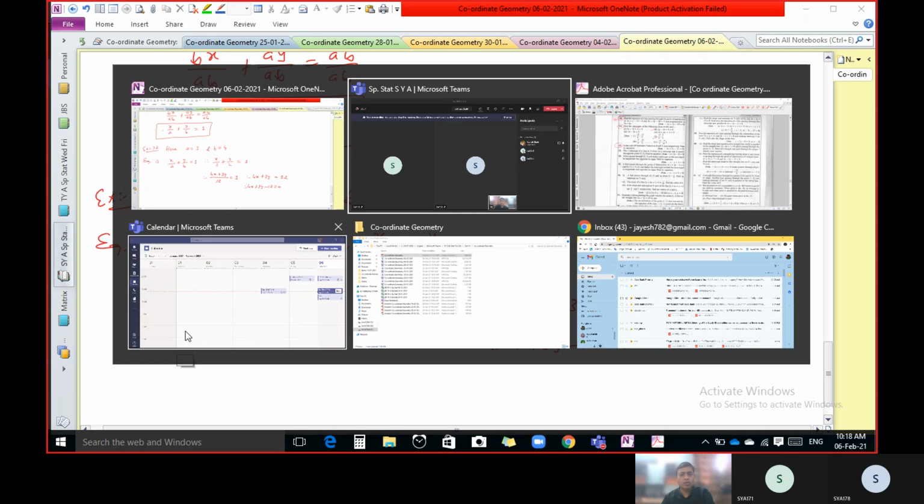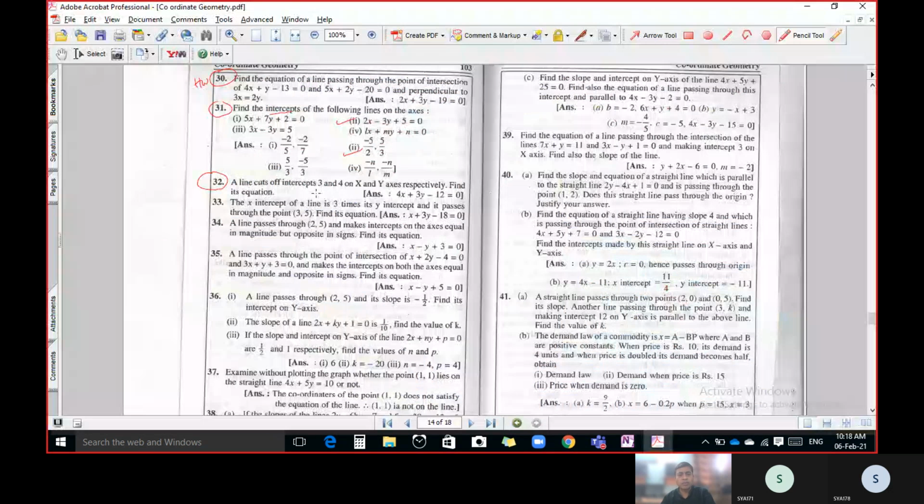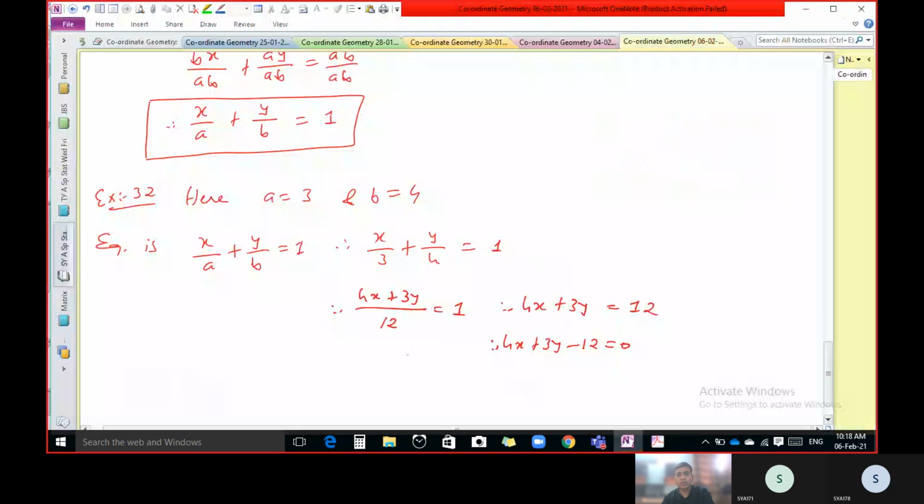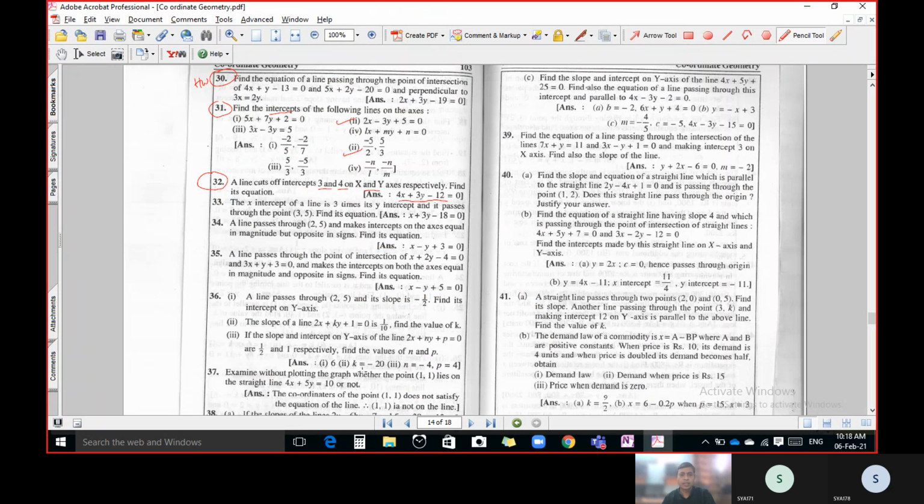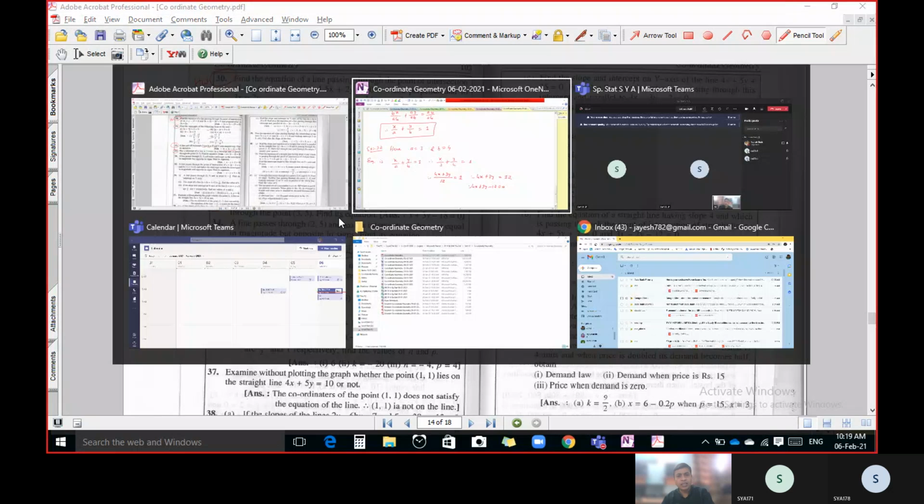So if we know the intercepts on the axes, then we get the answer. 4x plus 3y minus 12 equal to 0. That is the answer. See, question number 33. The x-intercept of a line is 3 times its y-intercept.